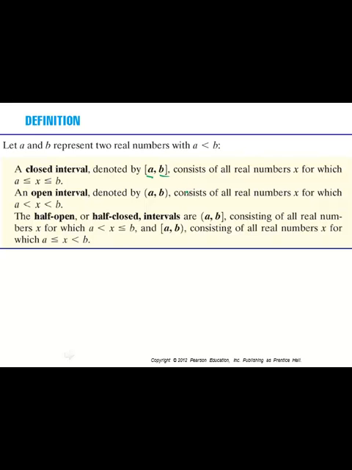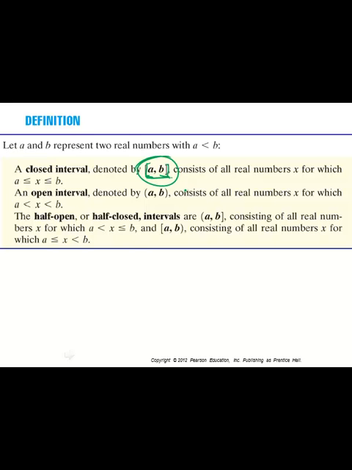Now, if we want to talk about the closed interval between A and B, as in, for example, from 1 to 3, we're talking about all the numbers that are greater than or equal to A, but less than or equal to B. And this is a symbology using the closed square brackets to indicate that the endpoints are included in this interval.